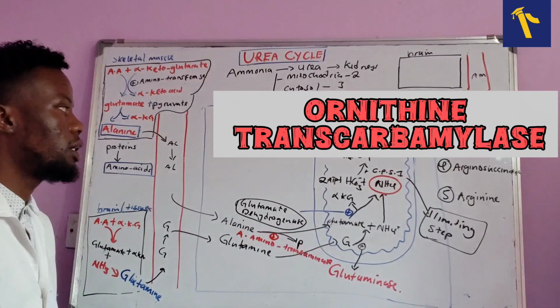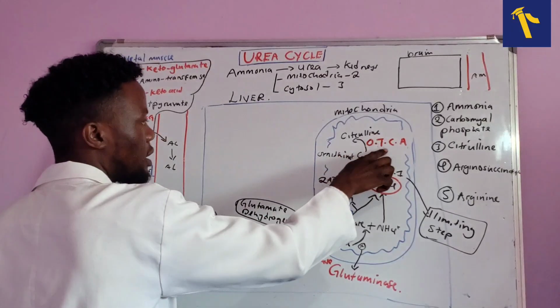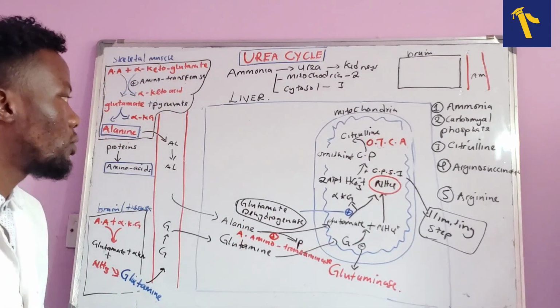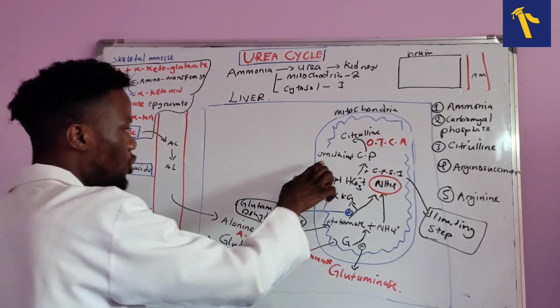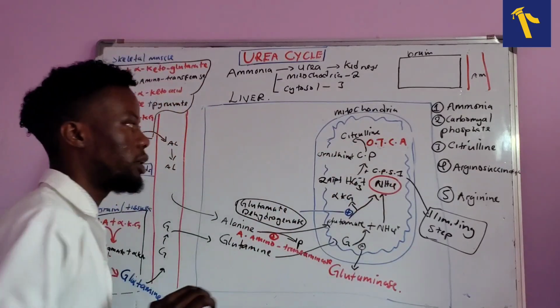That is OTC, sometimes just called OTC. That is the enzyme that's going to catalyze this process, whereby you combine ornithine plus carbamoyl phosphate into citrulline.